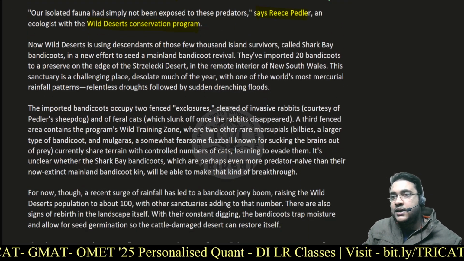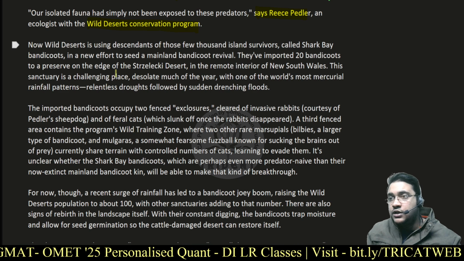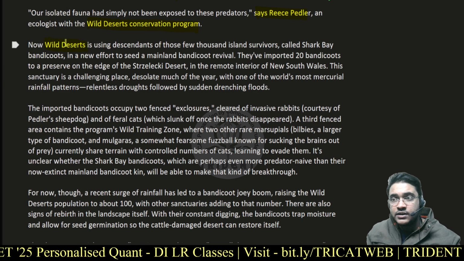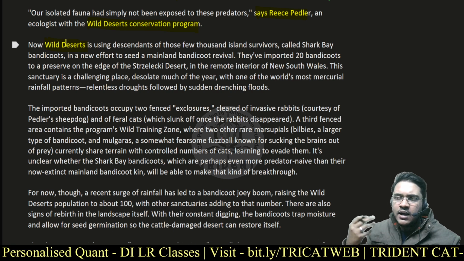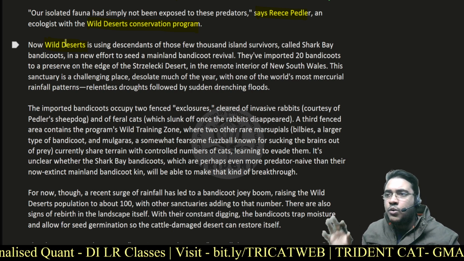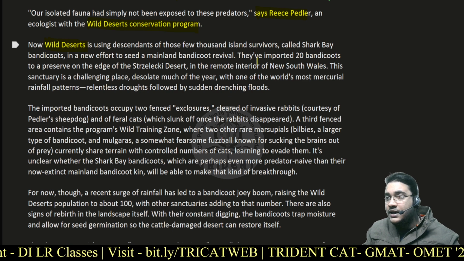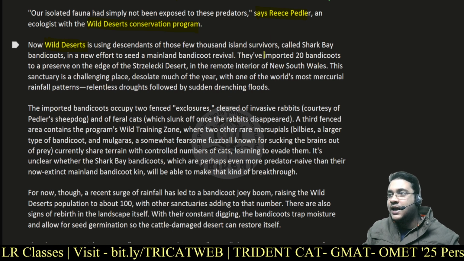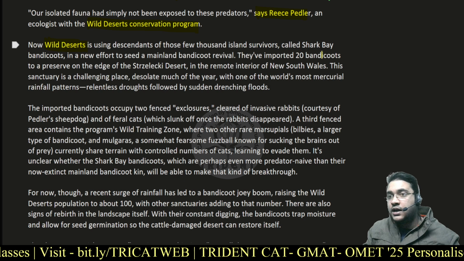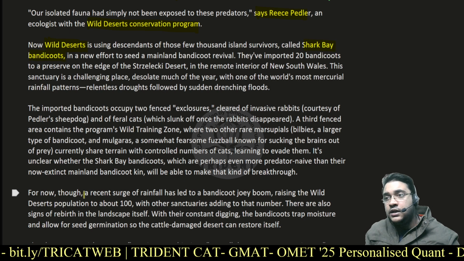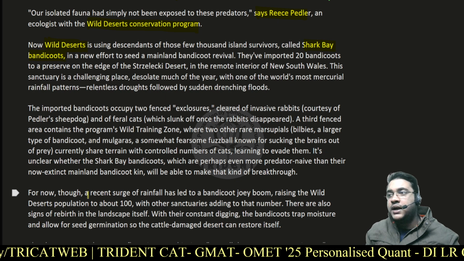Now, Wild Deserts is using descendants. Now I don't know what this Wild Deserts is. It could be an organization, it could be an actual wild desert, but let's just take it at face value. Wild Deserts is using descendants of those few thousand island survivors called the Shark Bay bandicoots, in a new effort to seed the mainland bandicoot revival.